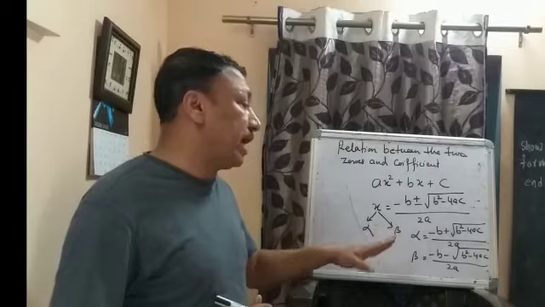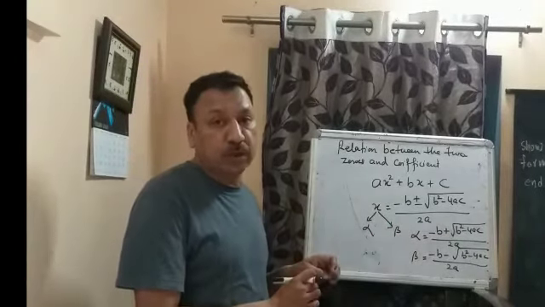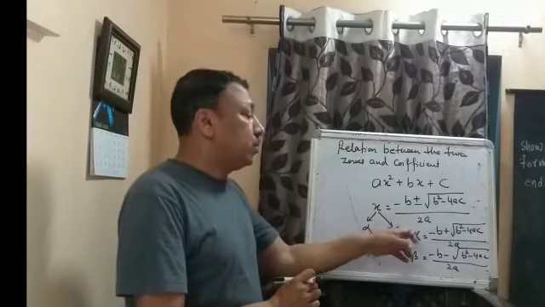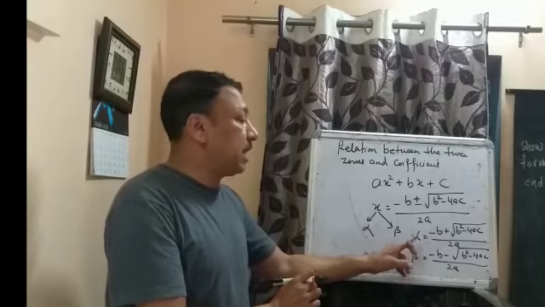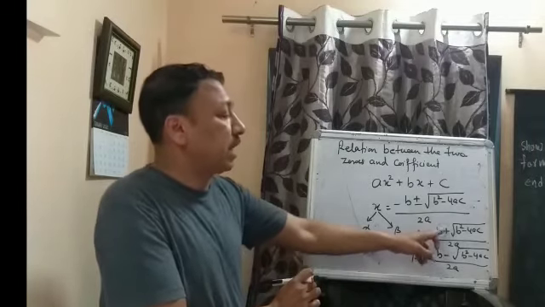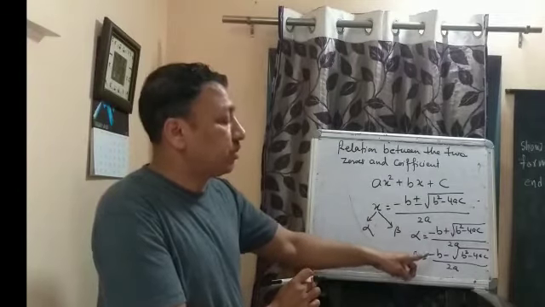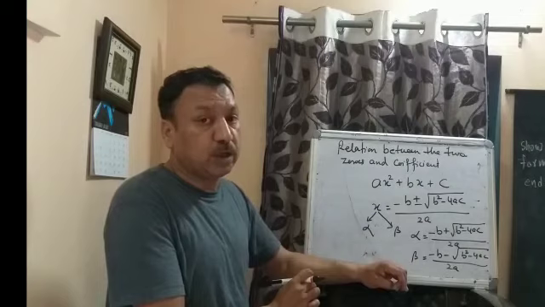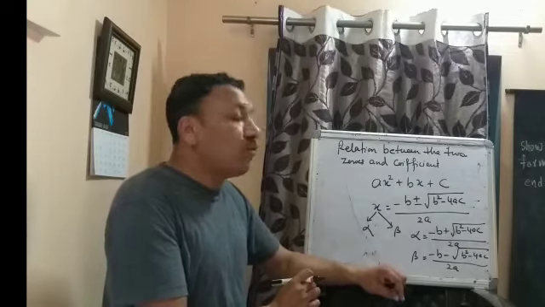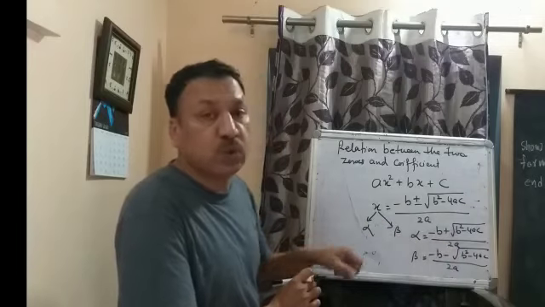It is also known as the quadratic formula, and also as Sridharacharya formula, in which we get the two zeros of the polynomial, say alpha and beta, as alpha is equal to minus b plus under root b square minus 4ac upon 2a, and beta is equal to minus b minus under root b square minus 4ac upon 2a. Now let us see what is the relation between these coefficients and these two zeros.